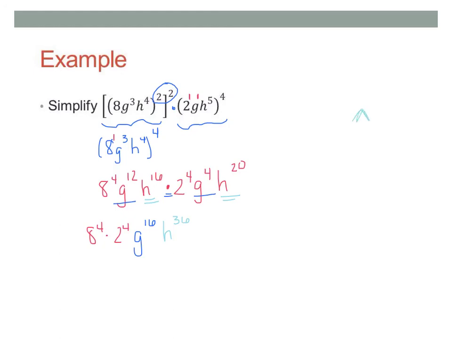It looks like that. So we would do 8 and then this caret button and then a 4. So 8 to the 4th, I'm just going to do it over here to the side, is 4,096. 2 to the 4th is 16, so we are multiplying those together. So we are going to get 65,536, g to the 16th, h to the 36th.